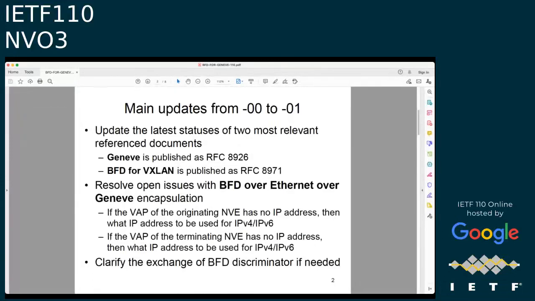Number two, if the VAP of the terminating NVE has no IP address, then what IP address to be used for IPv4 or IPv6? The third main update is to clarify the exchange of BFD discriminator if needed. Next slide, please.